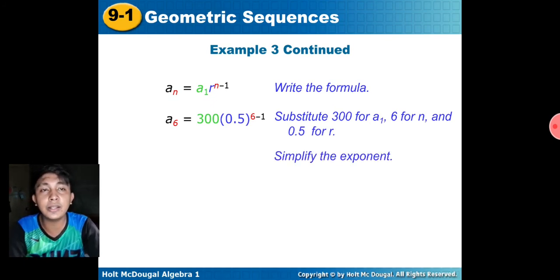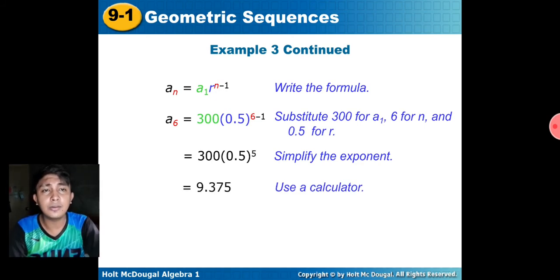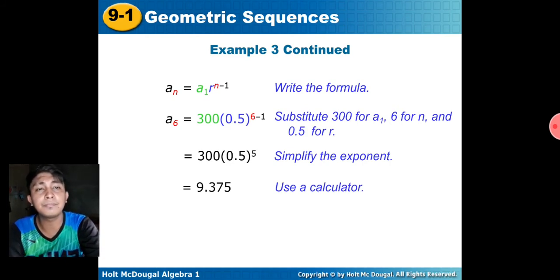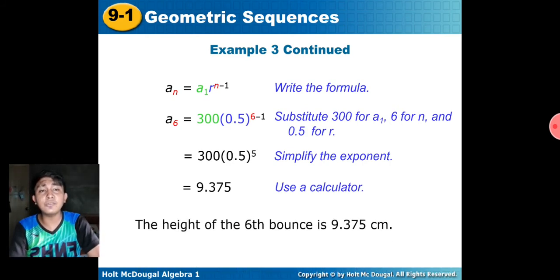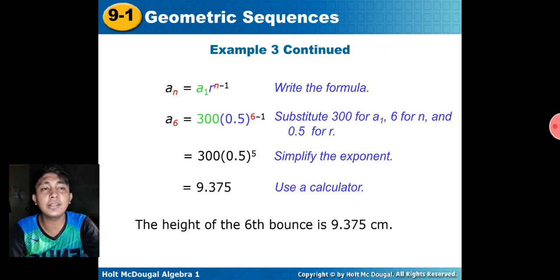So we have now 300 times 0.5 raised to 5. For the last part, use your calculator. We have now 9.375. So we can now say that the height of the 6th bounce is 9.375 centimeters.